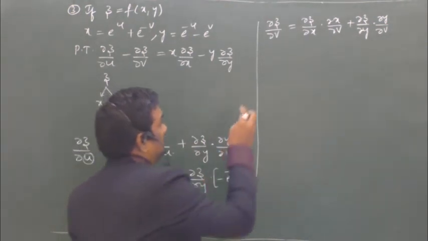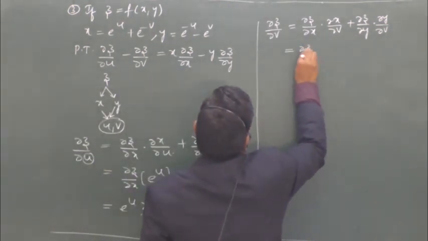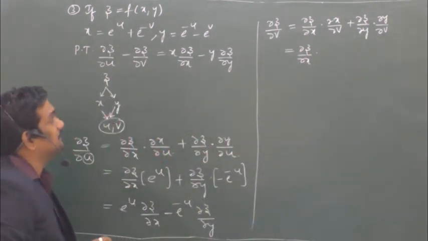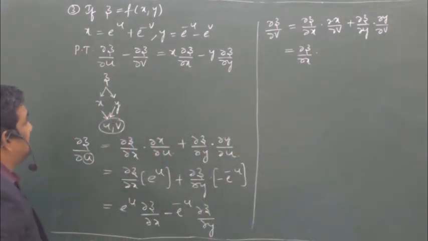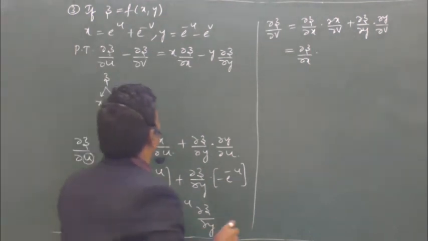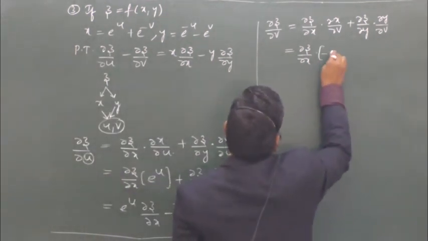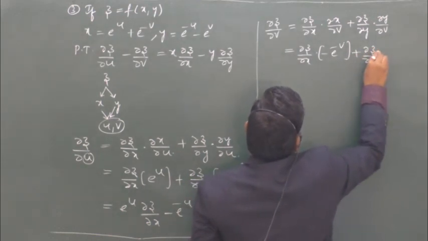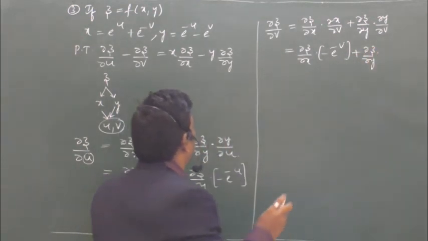Now z is not clearly defined, so it is dou z by dou x. Now x with respect to v is minus e power minus v plus dou z by dou y into y with respect to v, it is minus e power v.